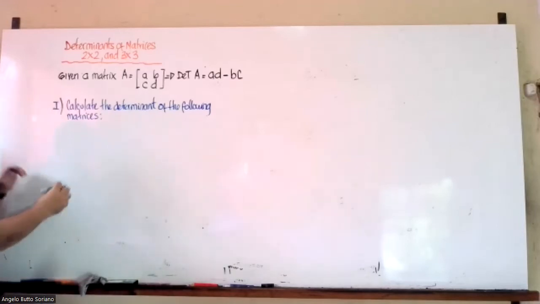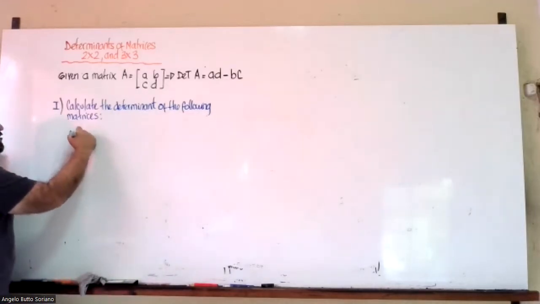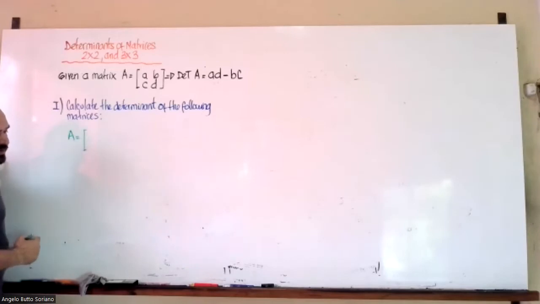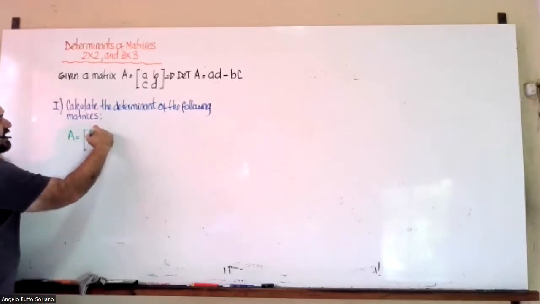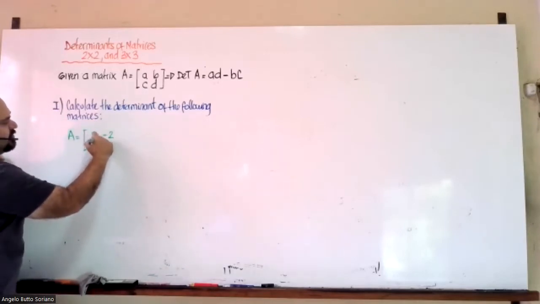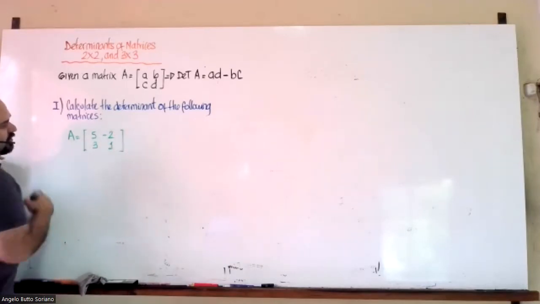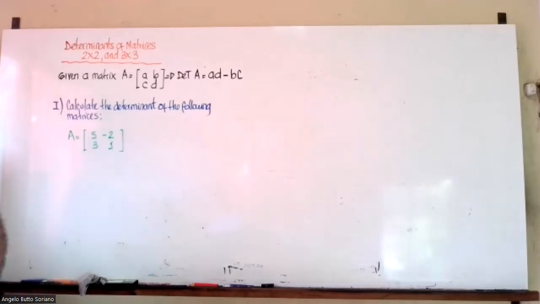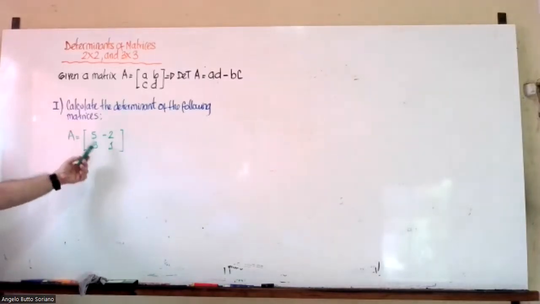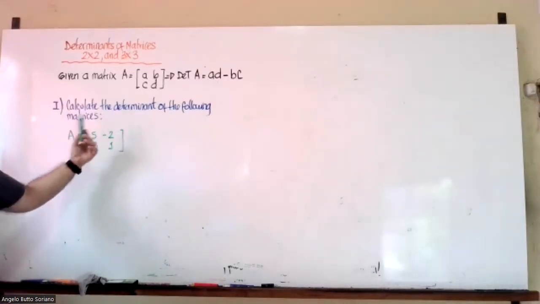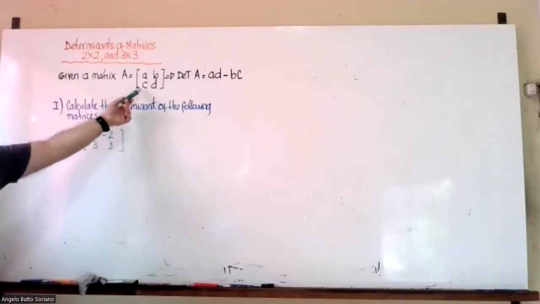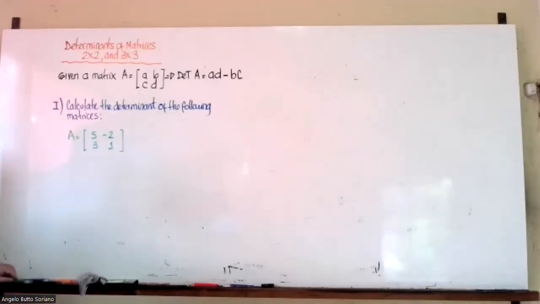The first one, matrix A, is given by the numbers 5, -2, 3, and 1. Okay, this is the matrix A. Obviously, we want to take the reference, the position of each number in the matrix, just like in the formula. If you really want to calculate the determinant, it's simple.